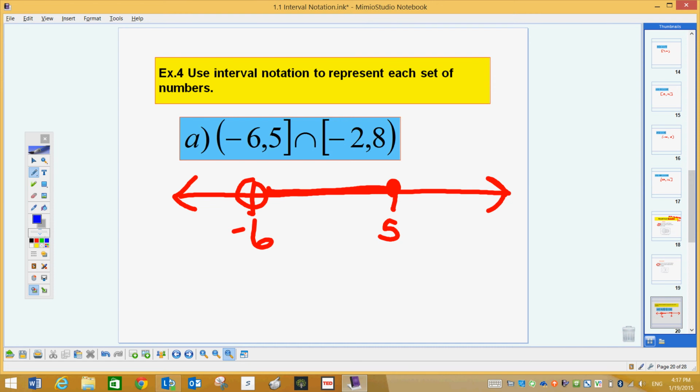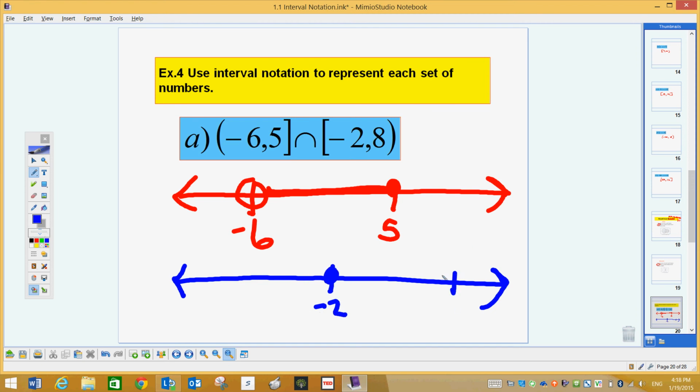Okay? Now, when we do this interval -2 to +8, what I'm going to do is draw another number line right below the red number line. And when I put my numbers on my blue number line, I'm going to put them on in reference to where my numbers on my red number line are. So for example, -2 falls between -6 and 5, so I'm going to put a -2 here, and it's going to be a square bracket, so it's a closed circle. 8 is beyond 5, and it's an open circle, and I'm looking for everything here.